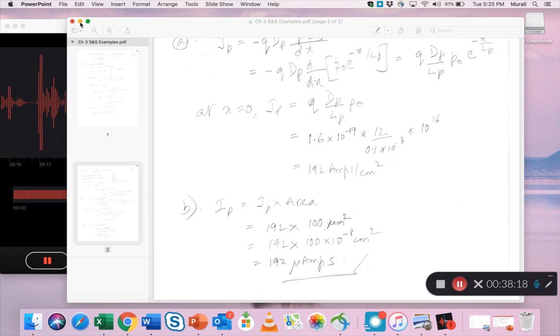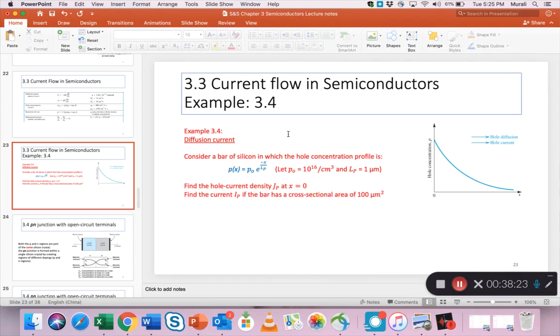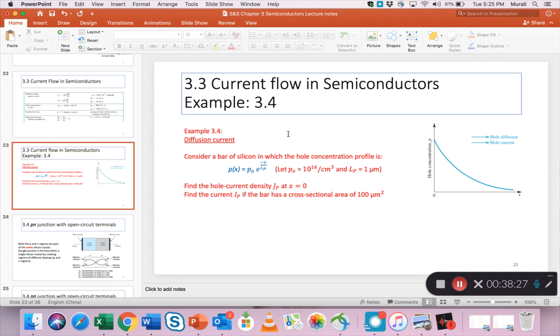All right. That is, I think, all the problems and examples I had up to now in the first 3 sections: intrinsic semiconductor, doped semiconductor, and current flow in semiconductor.